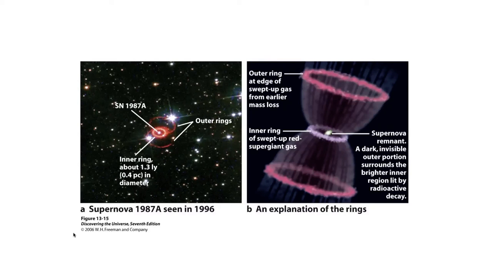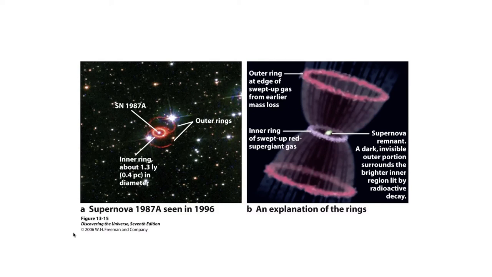And that material has been shaped in such a way that the shock wave appears as these rings as it passes through the previously ejected material and causes it to light up, heat up, and glow for a short time as the supernova shock wave expands along it. And that is, again, a very cool way to study not only the supernova itself, but the material around a very massive star as the shock wave propagates through it.